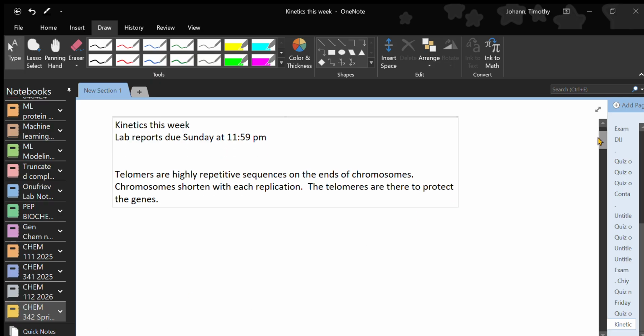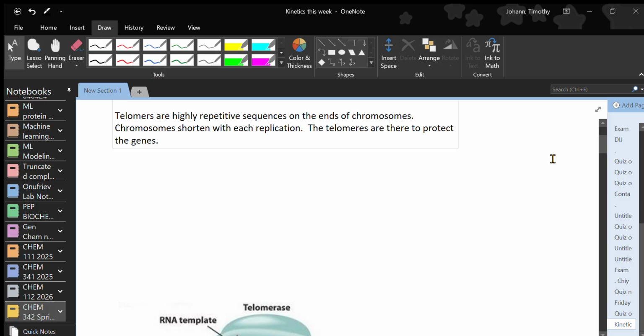And it isn't that the chromosomes shorten and shorten until they chew off a gene and then things stop. It's that there's actually a predetermined length at which cells will go into senescence. They will stop dividing at some length of telomere, and they don't really know what that is. We do lose about 100 to 200 base pairs with each replication.